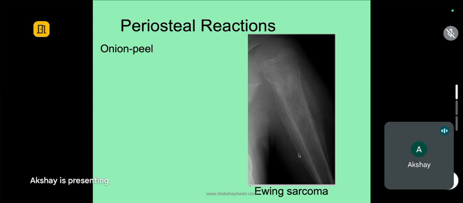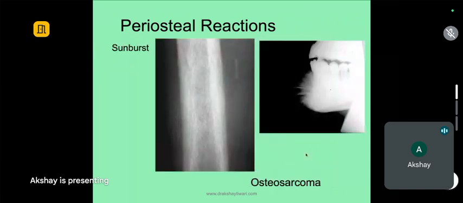It's again forming bone, but then gets elevated further. So this is what you call a lamellated or an onion peel periosteal reaction. This is typical for Ewing sarcoma, but it's not as if it cannot occur in other malignancies. This type of periosteal reaction is typically seen in malignancies.